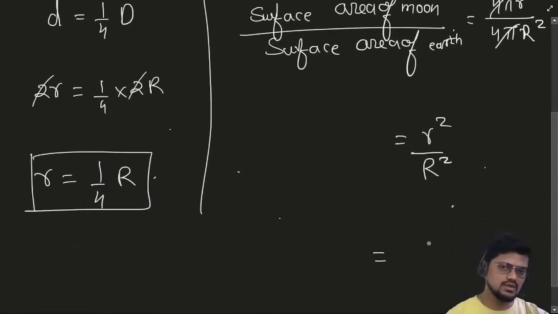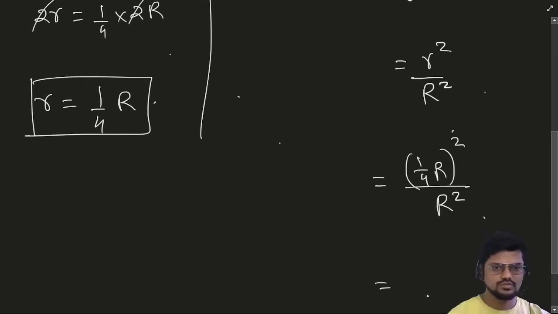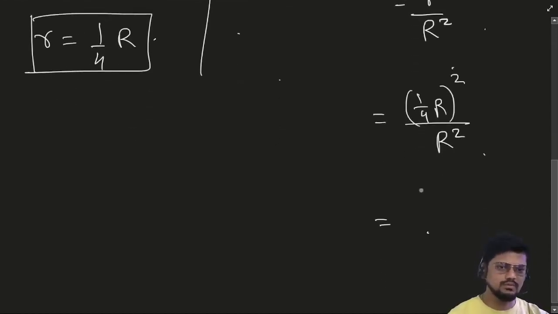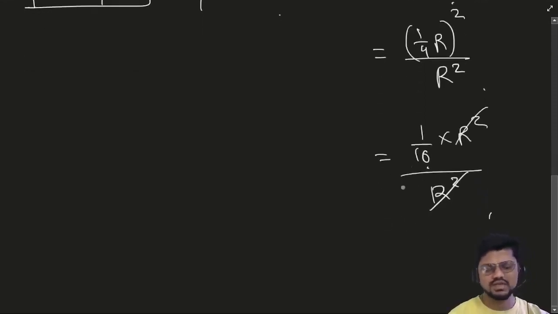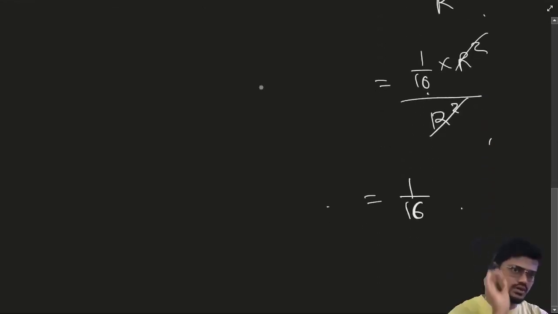So it will be (1/4 of R) whole square upon R square. So 1 by 4 square will be 1 by 16 into R square upon R square. So this and this get cancelled. It will be 1 by 16. So the surface area of moon is to surface area of earth will be 1 is to 16. Understood?